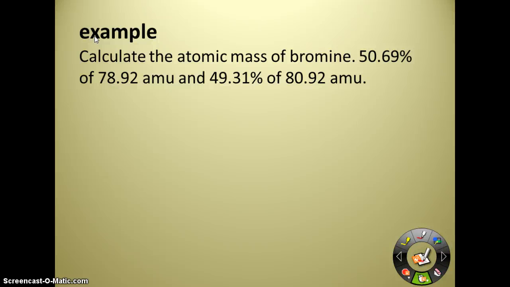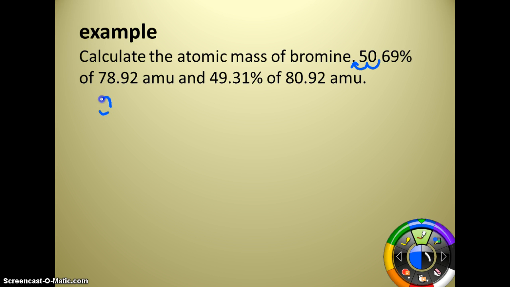So remember, the first thing you have to do is take it out of percent. So to get 50.69% out of percent form, you divide by 100. If you're going to divide by 100, you're simply moving the decimal 2 places to the left. So 1, 2. Once you have it out of percent form, you're going to multiply by the mass.